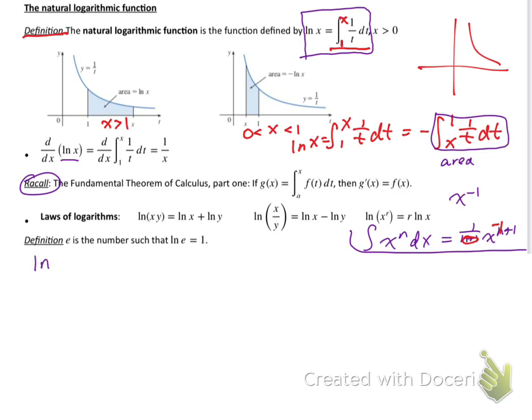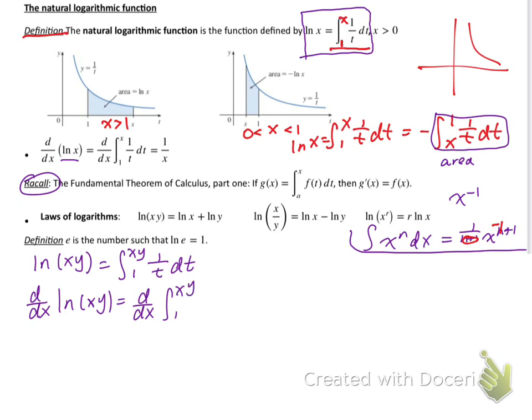So ln of xy, by definition, is the integral from 1 to xy of 1 over t dt. Now I'm going to take the derivative with respect to x. So d/dx of ln xy will be d/dx of this integral.